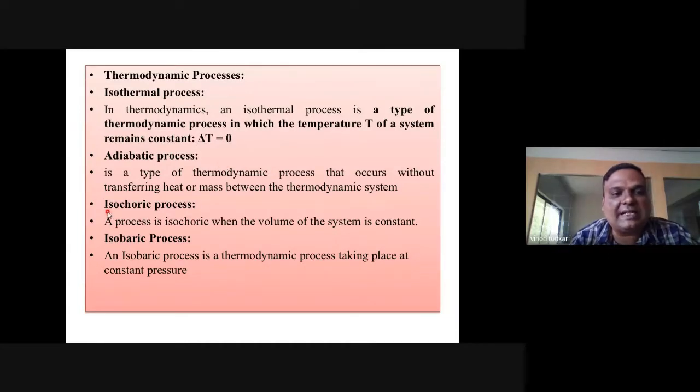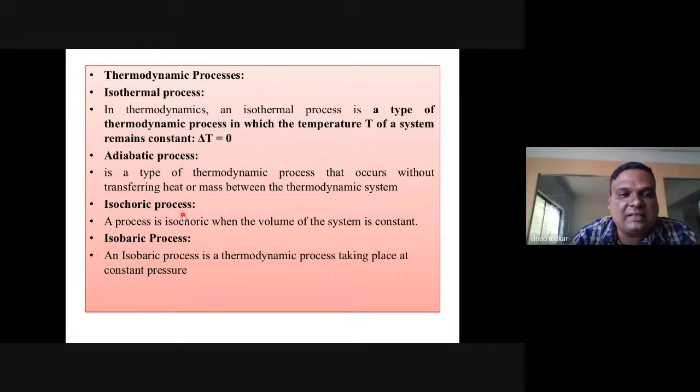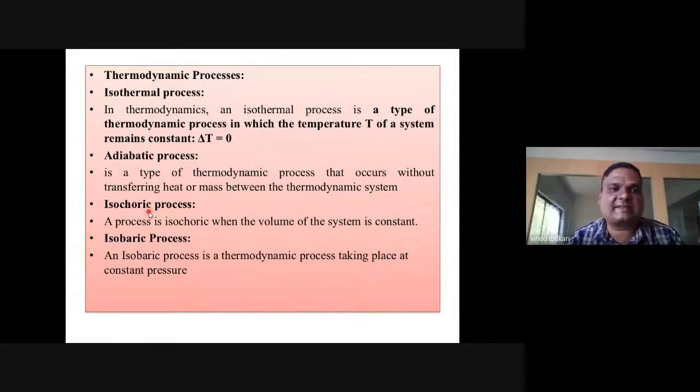Very good. Isochoric process. Tell me, what do you mean by isochoric process? It is a constant pressure process. Okay, now see, isochoric. Choric means volume. And see, bar. Bar is the unit of pressure. Now tell me, what is an isochoric process? Volume remains constant. Yes.